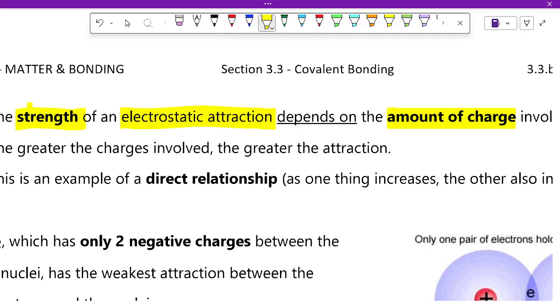If the strength of the electrostatic attraction depends on the amount of charge, who is the independent variable and who is the dependent variable? We've got our choices: strength and amount of charge. Who is the independent variable and who is the dependent variable?